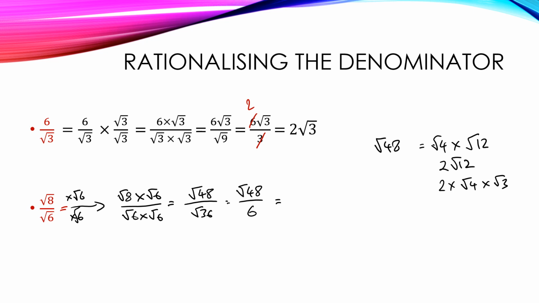So remember, this square root of 12 is square root of 4 times square root of 3 simplified. So you got 2 times 2 times square root of 3. So that means the answer becomes 4 square root of 3 at the top. So here it becomes 4 square root of 3 over 6. And again, if you wanted to, this will also cancel down because 2 will go into this twice, 2 will go into this 3 times. So then the answer becomes 2 square root of 3 over 3.